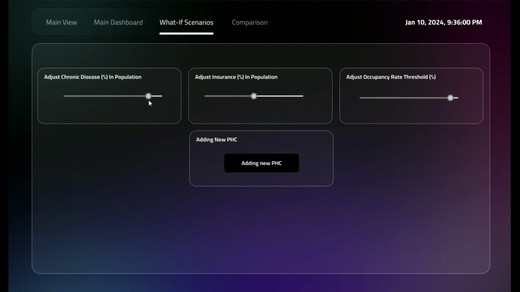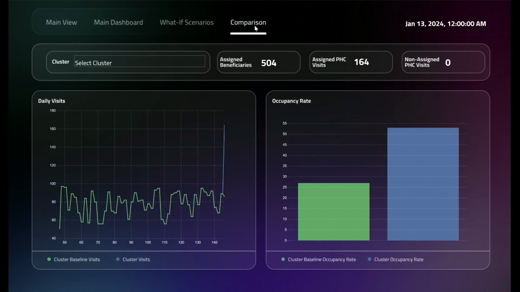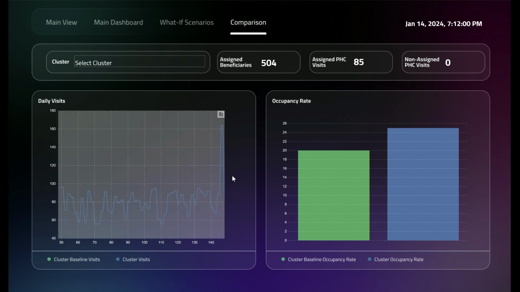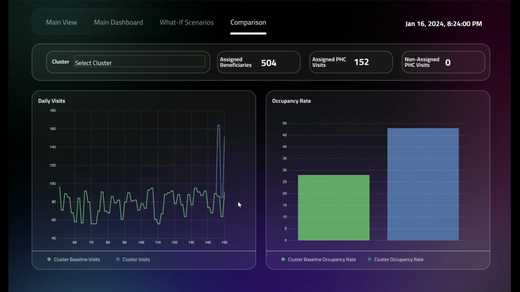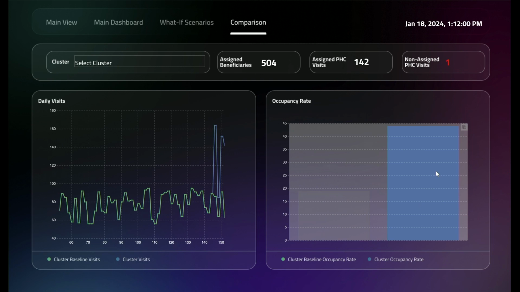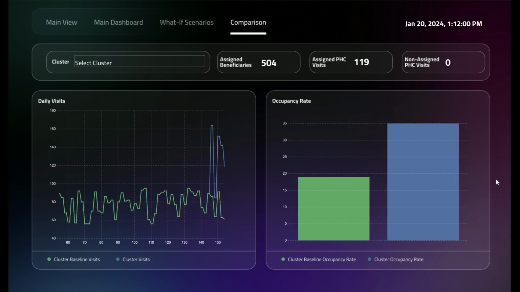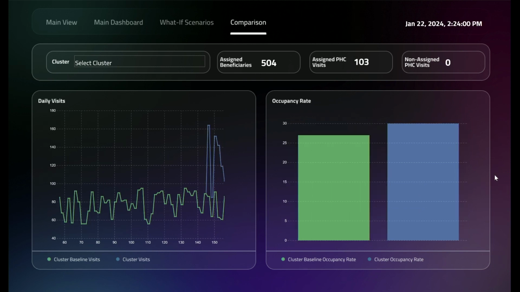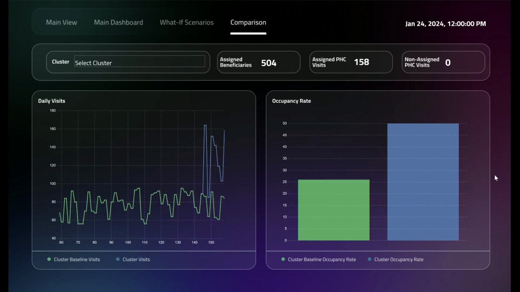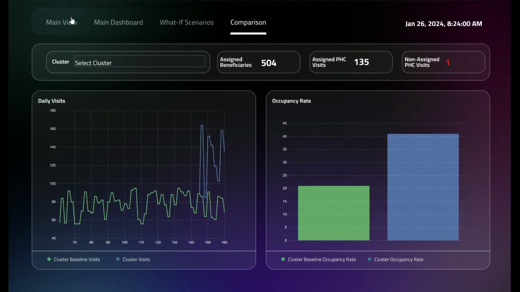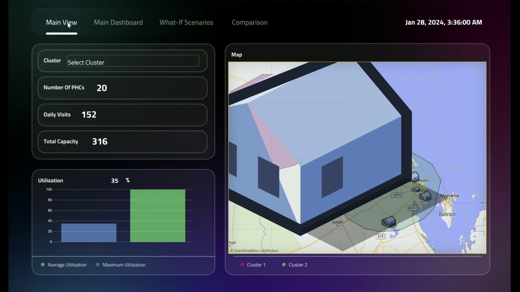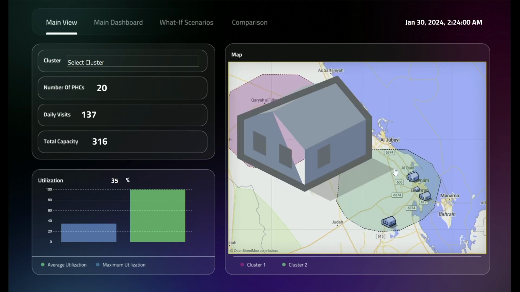Let's say the chronic disease rate in the population is increased. We will see a huge spike in the visits, and we will see that there's a difference in the occupancy rate between the baseline and the scenario that we added. Let's say we want to solve that problem. We can click on one of the PHCs.